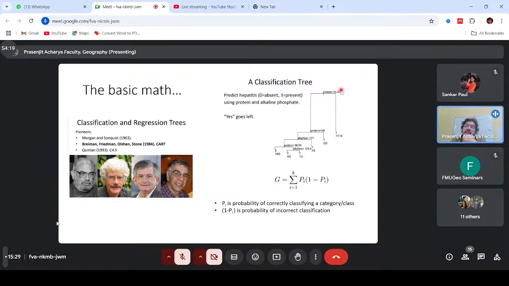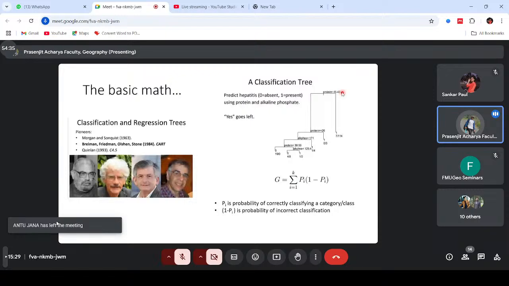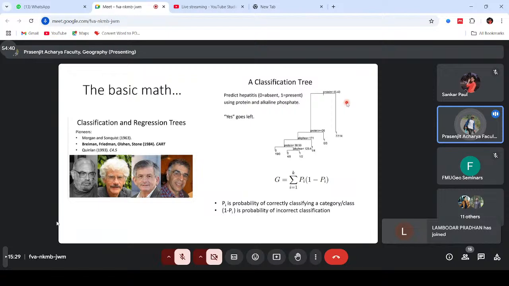So the protein picks up as the first splitting criterion. The first partitioning of the input vector space happened by the variable called protein, and a threshold value of 45.43 has been picked up. The question is how the system will pick up that protein variable instead of alkaline phosphatase and protein.